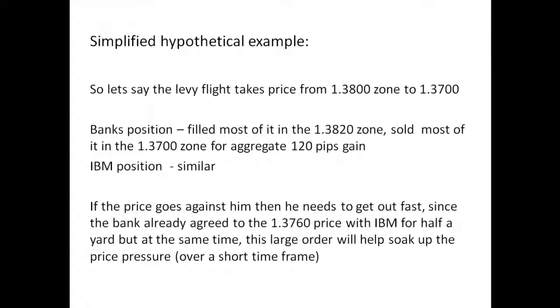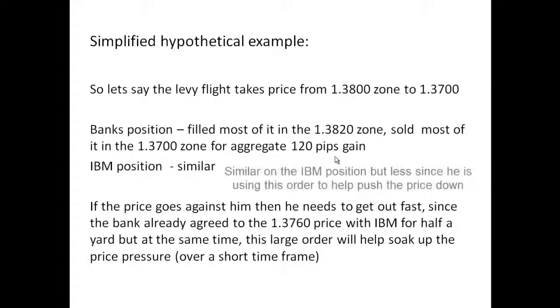So let's say then the levy flight takes our price from the 138 zone down to 137. So the bank guy got filled on most of his position around 138, 138.20, and then when he pushes it down or helps push it down to the 137 zone, he's made an aggregate 120 pips gain on his own position and something similar on the IBM position.